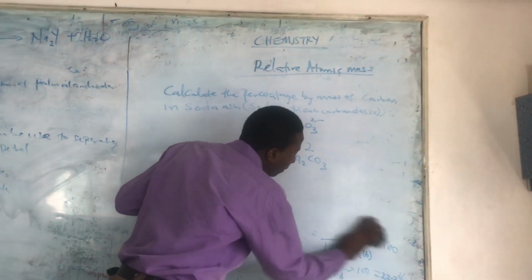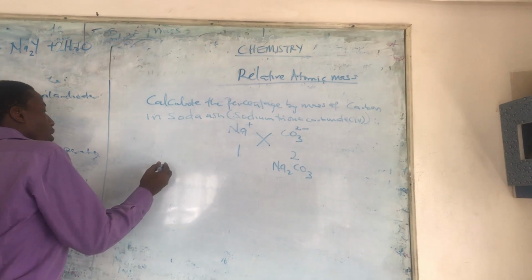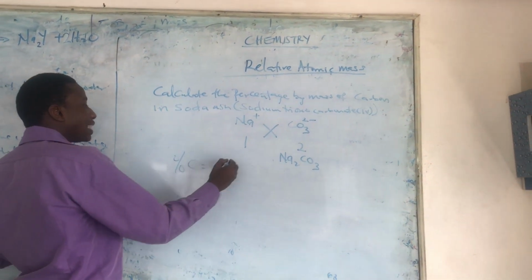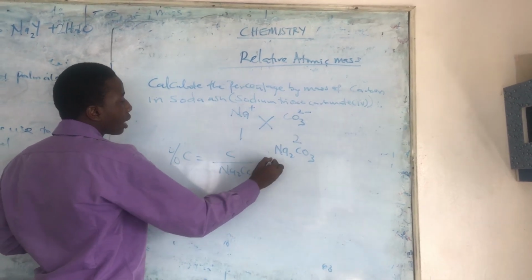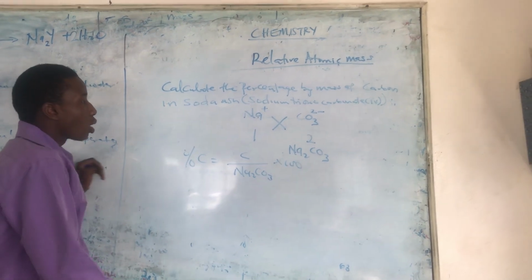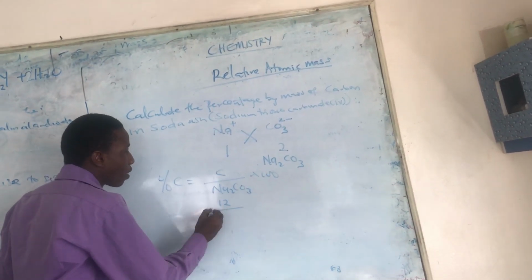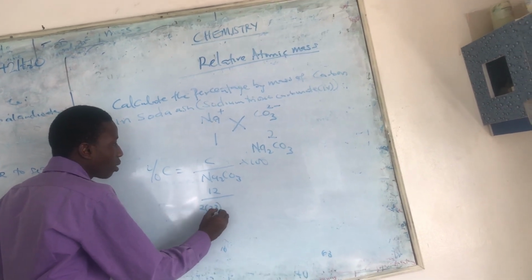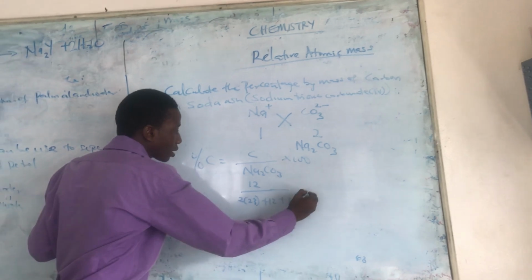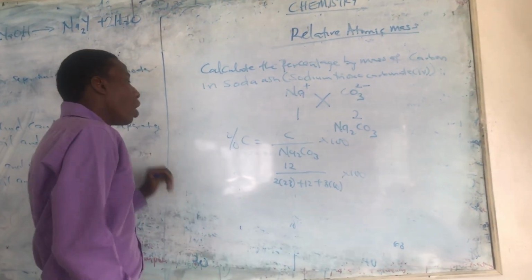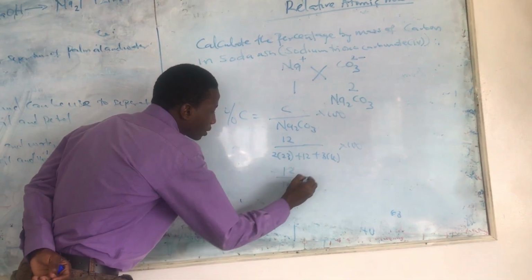So now we calculate the percentage of carbon. That is carbon over Na2CO3 times 100. What is the number of carbon? 12 over 2 times 23 plus 12 plus 3 bracket 16 times 100. And that gives us 12 over 106 times 100.